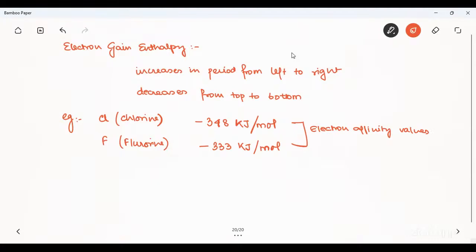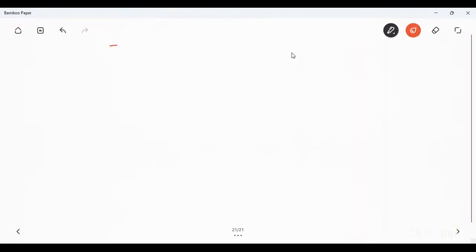Okay, the next property they have asked about is the electronegativity. So electronegativity increases from left to right in a period. Why? Because the atomic radii decrease and the nuclear attraction increases.